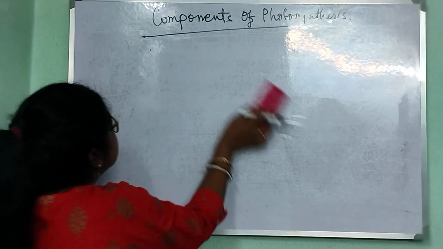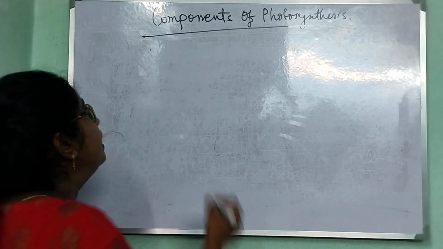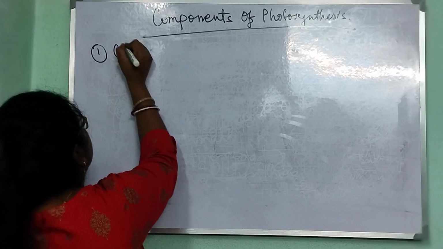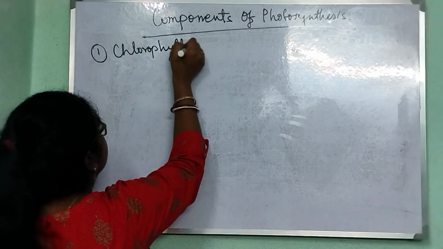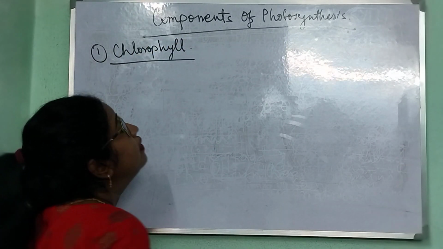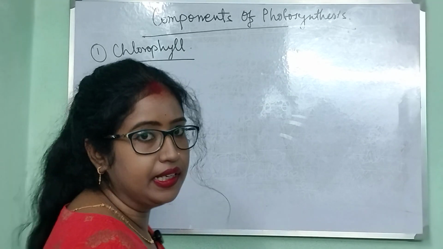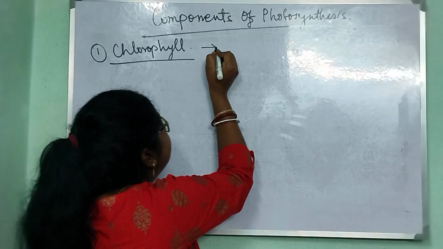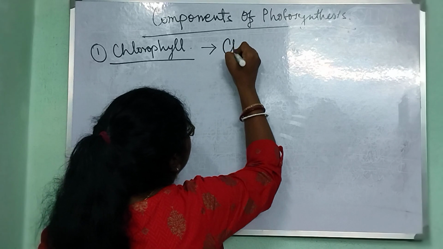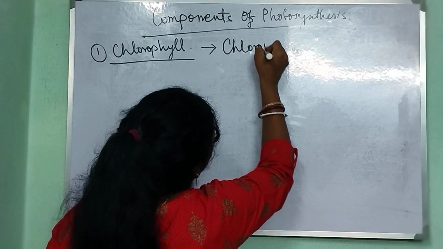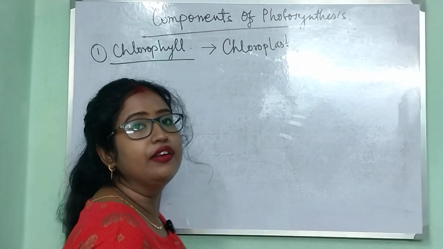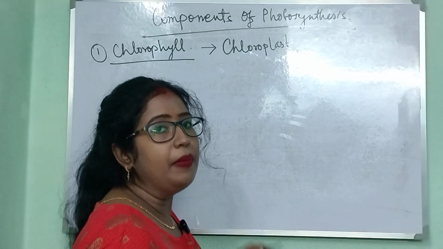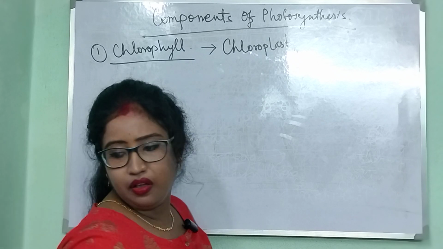Our first component is chlorophyll. This chlorophyll pigment is found in the chloroplast. Chloroplast is a special type of cell organelle that is only found in plant cells.